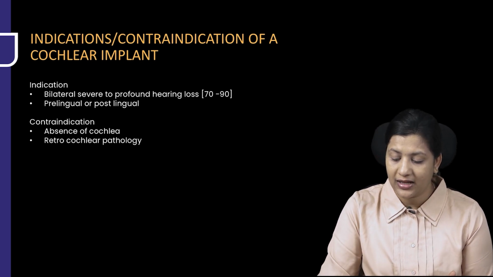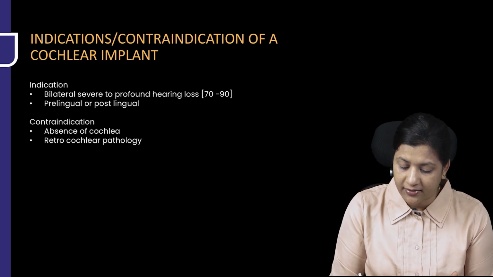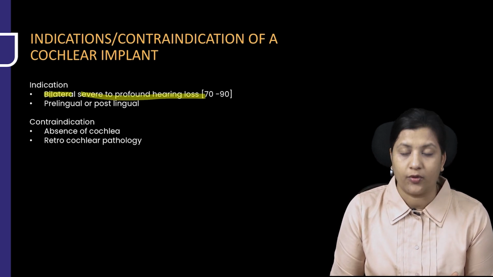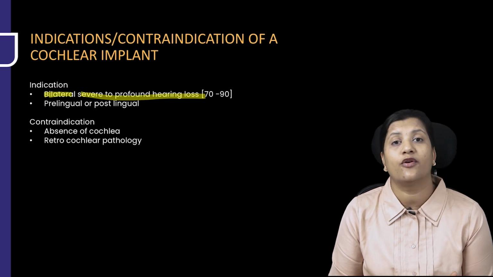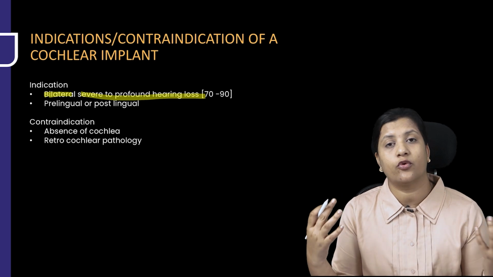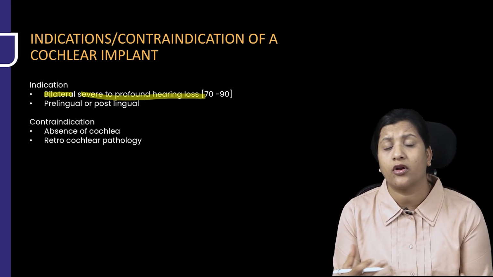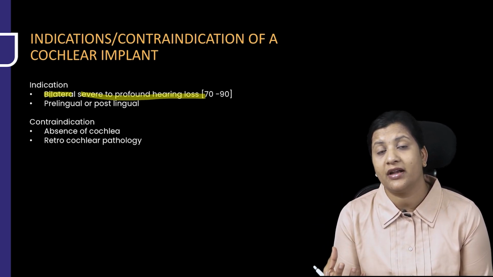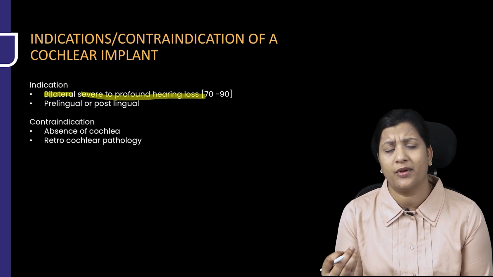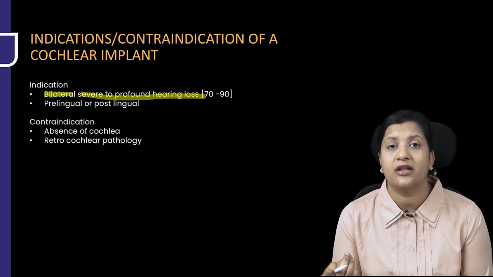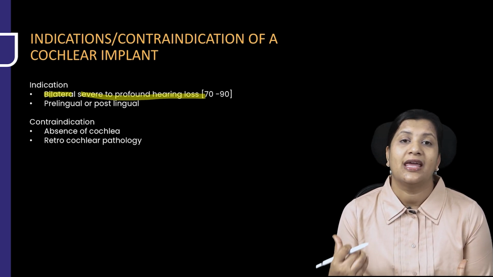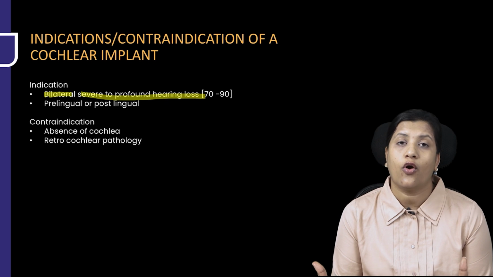So if anybody is having bilateral severe to profound, that is more than 70 to 90 decibel of hearing loss, meaning almost in both the ears the hearing is absent or negligible. More than 70 to 90 decibels means the patient will not be able to hear anything much. So more than 70 to 90 decibel hearing loss in both the ears is an indication for cochlear implant.